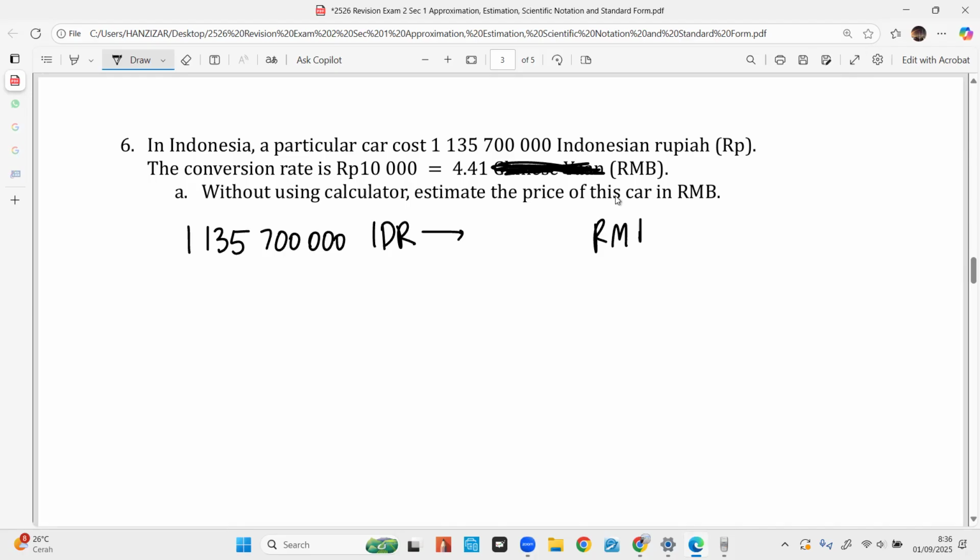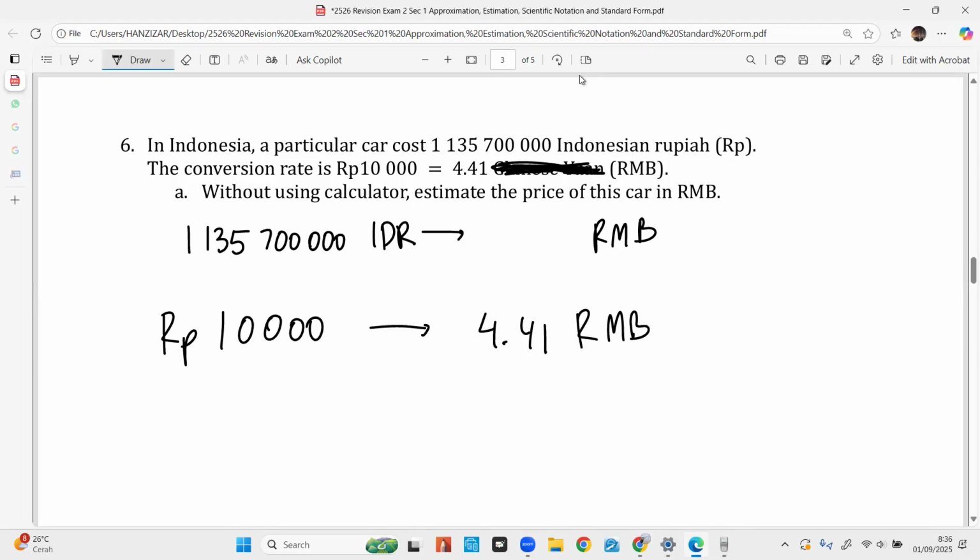That's the question, right? We have the conversion rate right now, 10,000 rupiah is equal to 4.41 RMB.